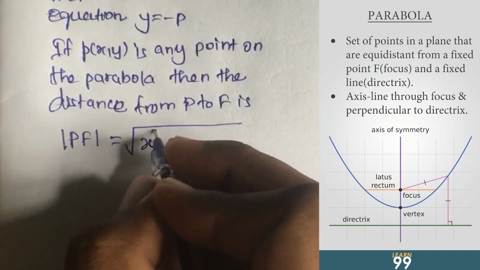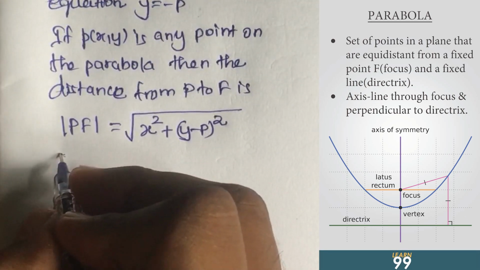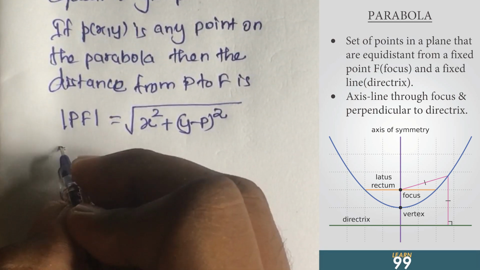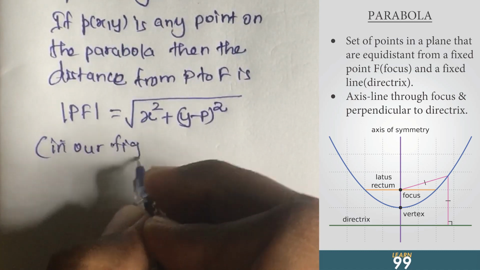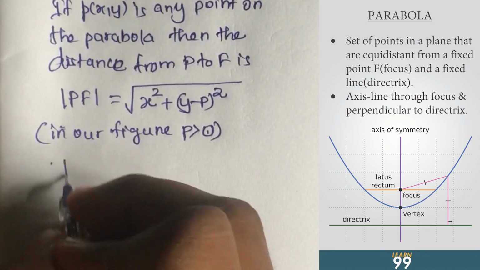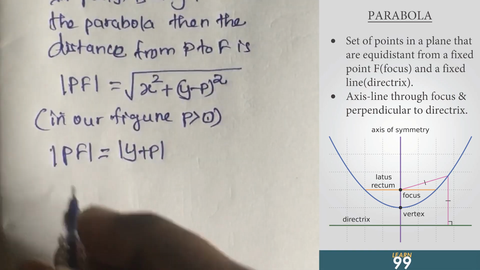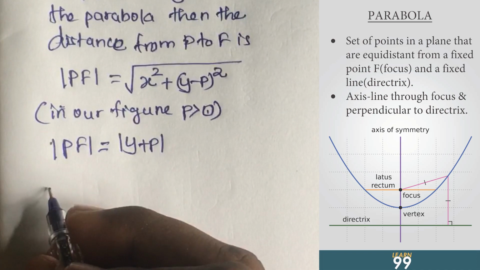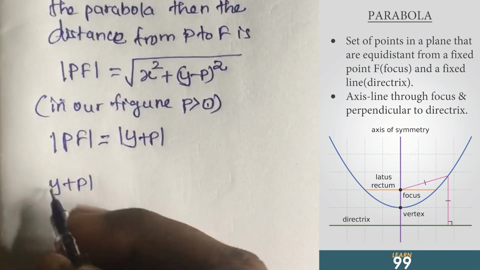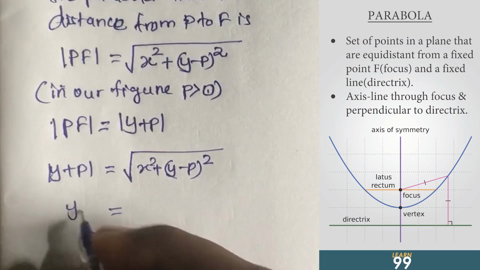In our figure, we took p greater than zero, so we have to put the value of PF in a different sense, that is y plus p. Okay, we have to put that y plus p in a modulus. Then we can equate both values. If we are done with that step, then we can take the square on both sides.